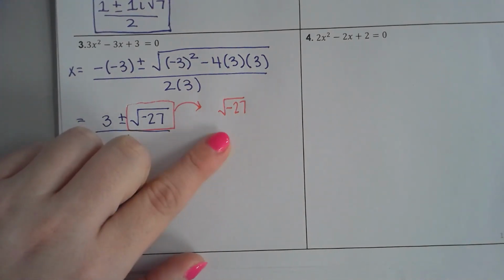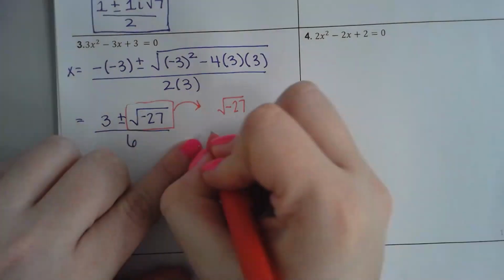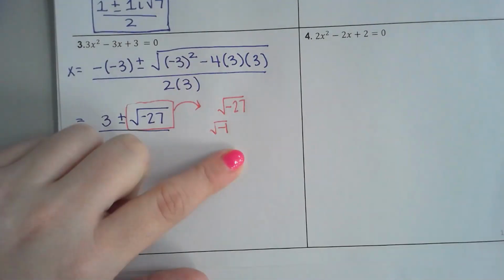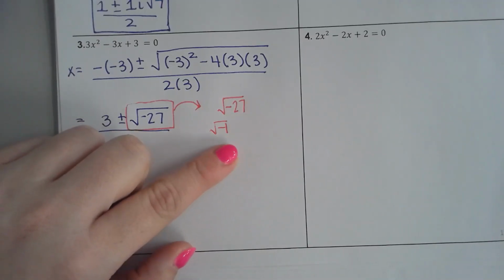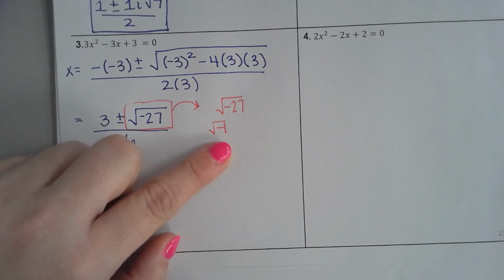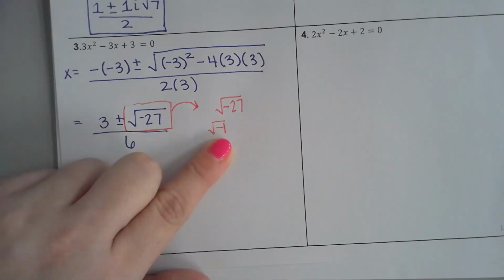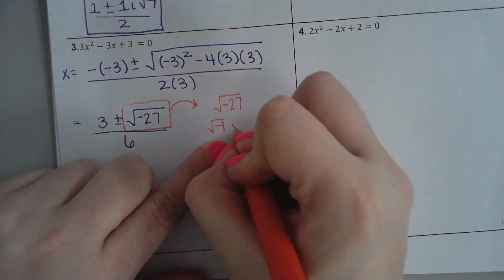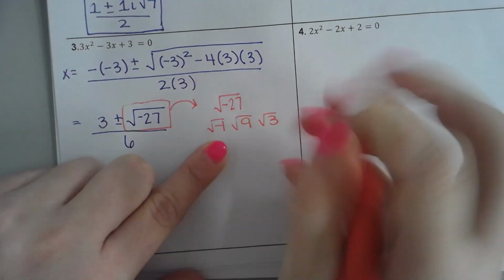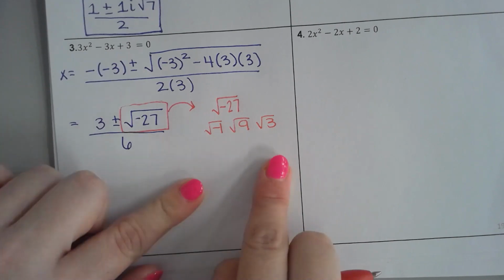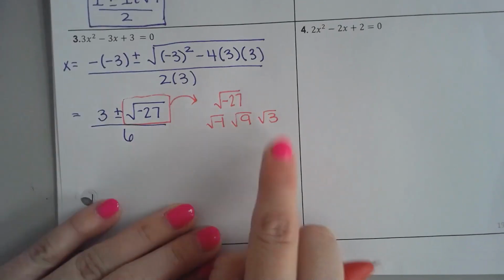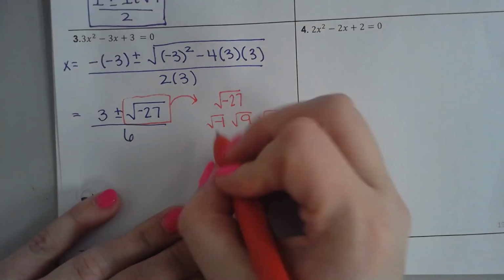Alright, the square root of -27. I know I'm going to take out the -1. Anytime you have a negative, you have to do that. And then I'm left with 27. What is the largest perfect square that goes into 27? 9. 9 times what? 3. So I have the square root of -1, the square root of 9, the square root of 3. What is the square root of -1?